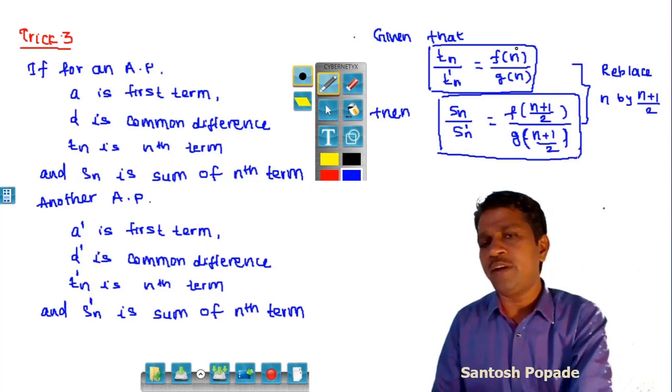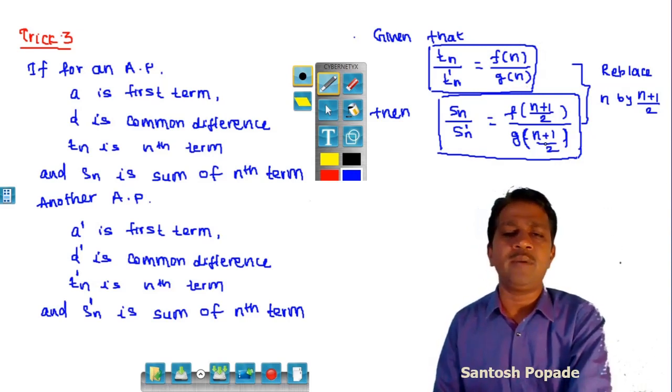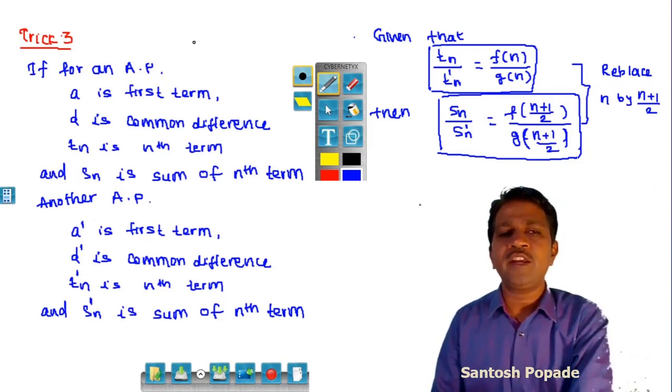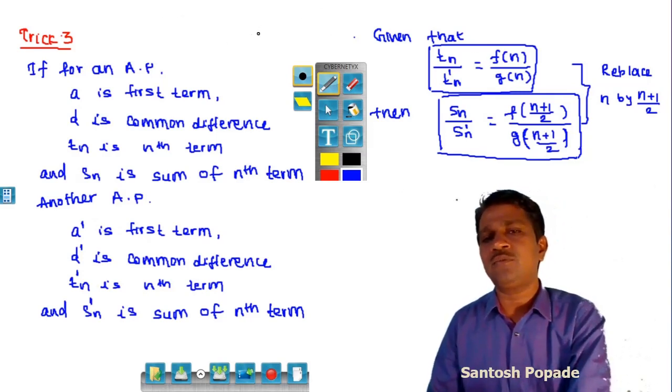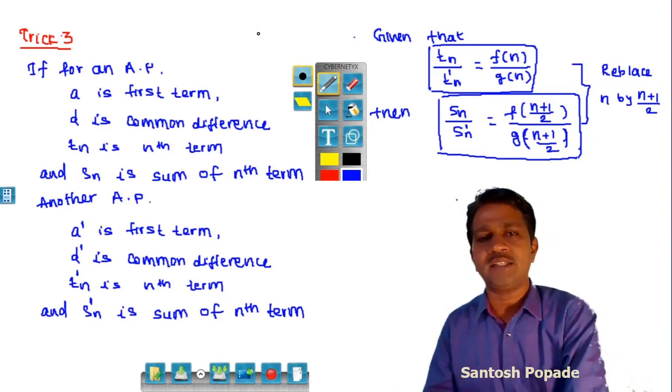It is just obtained by replacing n by n plus 1 in the numerator and n by n plus 1 in the denominator also. Means whenever we are given the ratio of sums, in that case to find the ratio of nth terms, we have to replace n by 2n minus 1.